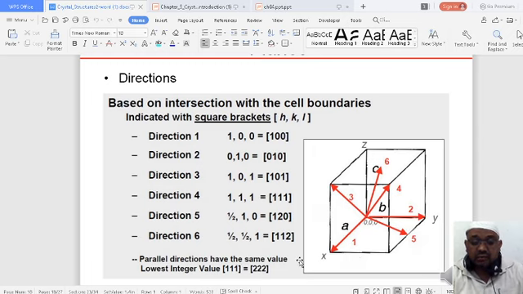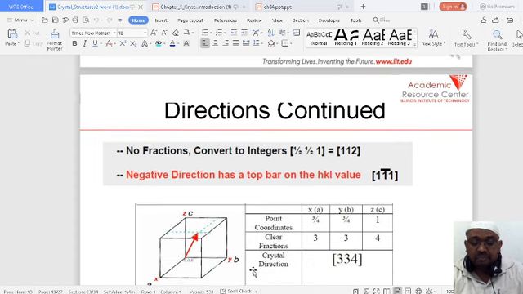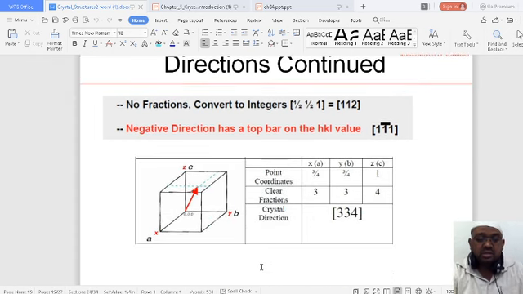Now these are parallel directions which have the same values. You know that parallel directions have the same values, so you write 1, 1, 1 is equal to 2, 2, 2. We can have more examples regarding these directions. We don't write the fraction exactly, but indicate the values in the form of p by q, that is 1 by 2 and 1 by 2, 1.